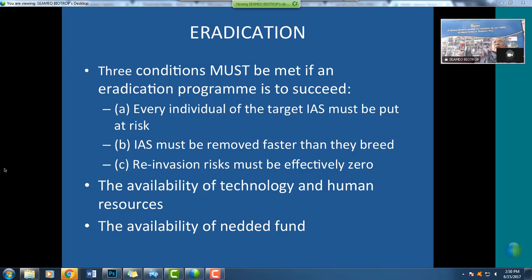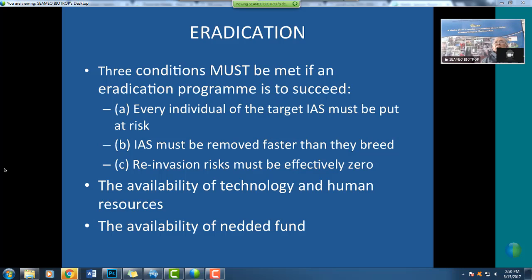Next slide. So this Chimonobambusa fits the criteria to be eradicated, and also obtains the first priority.